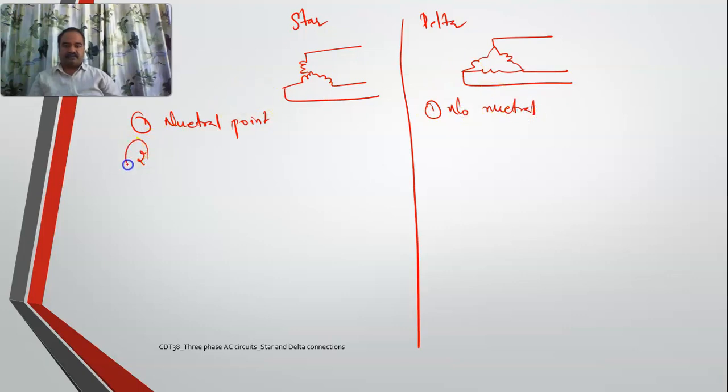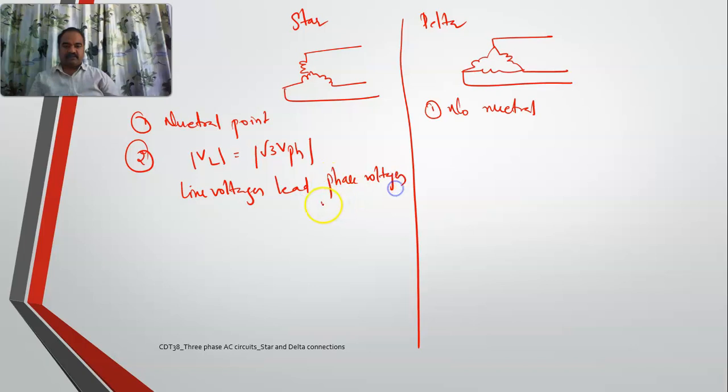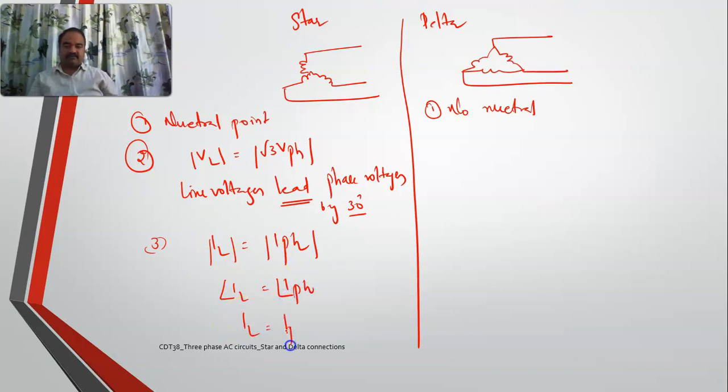In star, VL magnitude is root 3 times V phase, and line voltages lead phase voltage by 30 degrees. This is magnitude, this is angle. And IL, magnitudes and also angles, which means IL is equal to I phase.